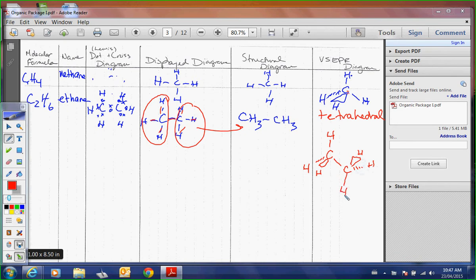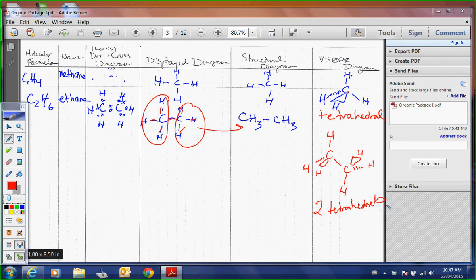Yes, Evan? Does it matter what angle you're putting the hydrogens and everything at? Kind of. It should look like a tripod with a camera on top for the first one, and then a flipped upside down tripod with the camera on top for the next one. If you don't flip it, I'm still happy. The point being that they are both two tetrahedrals.